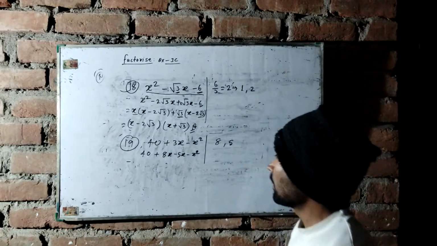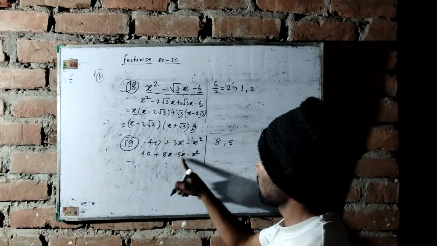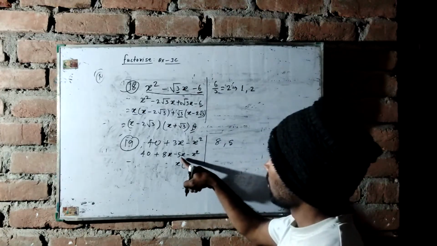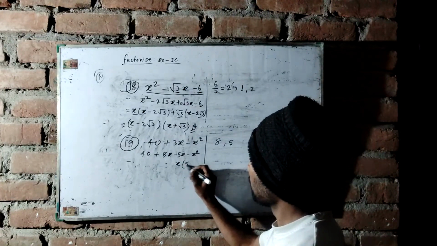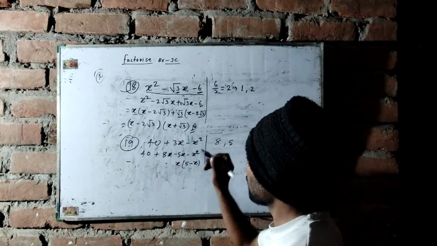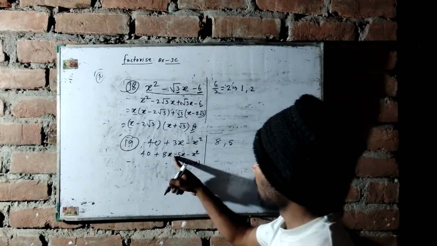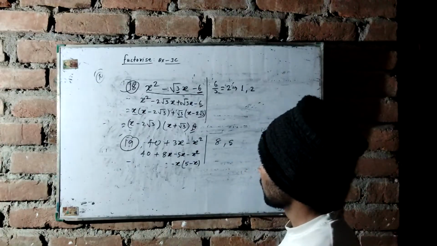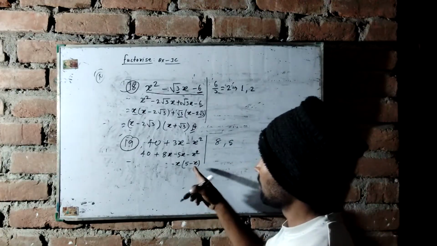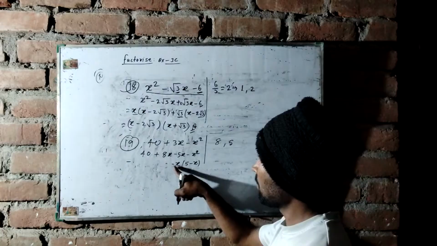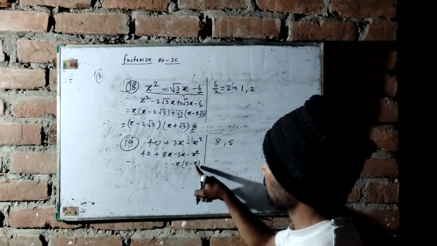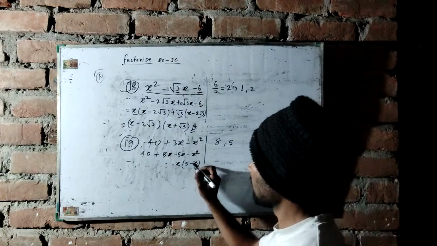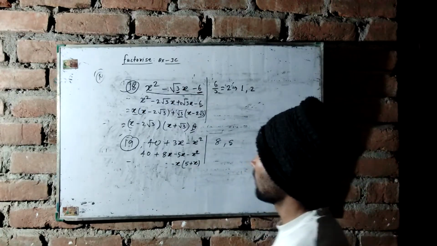Now we can take x as a common, and we can write 5 minus x as a multiple, and minus sign is also here. So we need to change the sign, because after multiplying minus x with minus x we get plus x squared. So we need to change this sign, plus x.